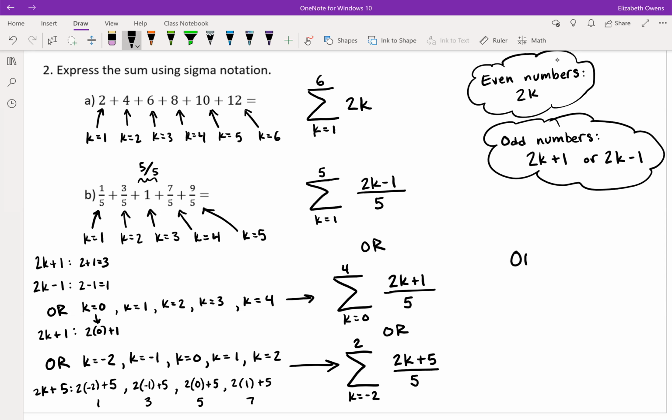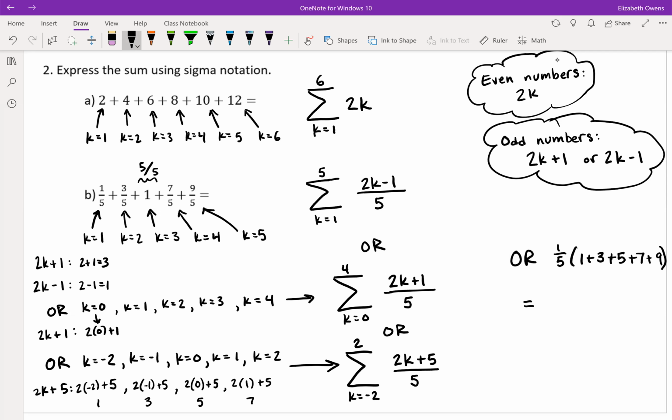So what if we did 1/5 and then our odd numbers? 1 plus 3, plus 5, plus 7, plus 9. That would actually be the same summation, right? Because if you redistribute, everything would look okay. But that gives us another way to write this.